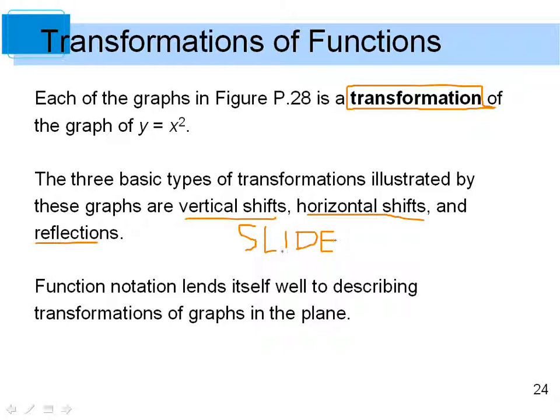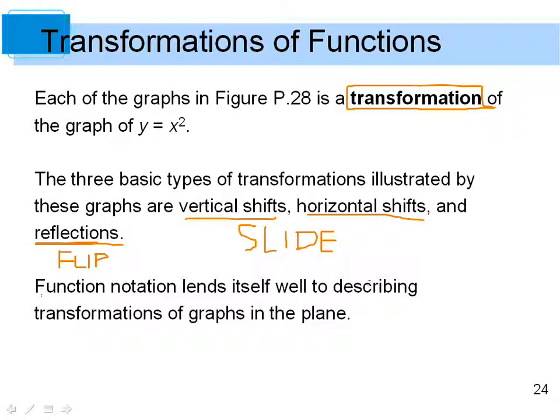And then we also sometimes include rotations in reflections. You don't have to worry about that right now, but we'll talk about that at different points. But reflections are a flip, so I'll write flip here for reflections. Flips, slides, reflections, shifts, they all are saying the same kind of thing.